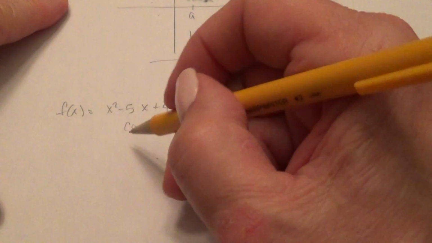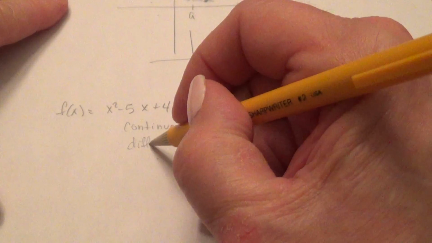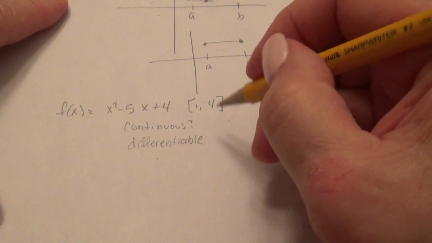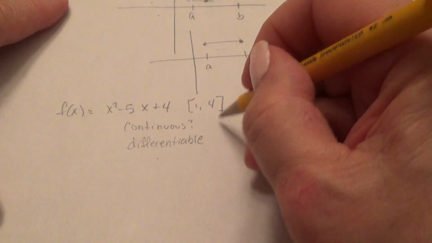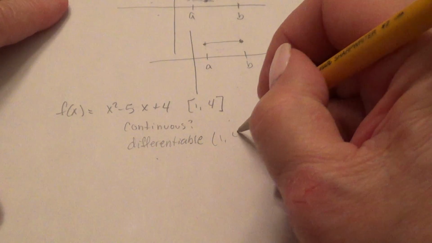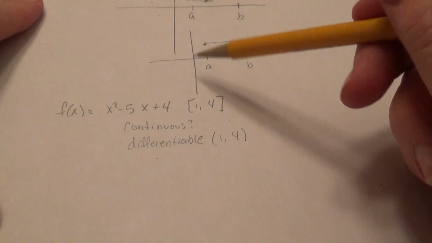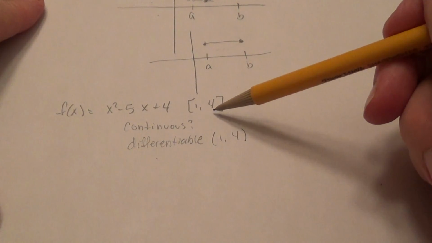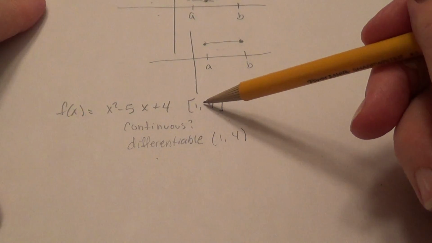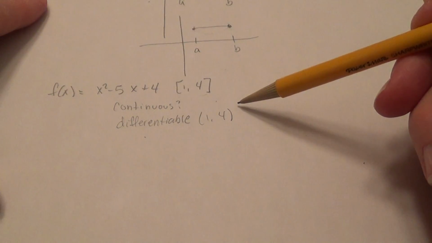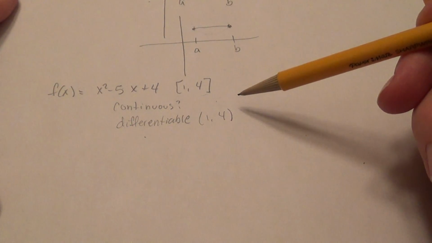Is it differentiable? In the open interval from 1 to 4, not the closed interval, because if we close the interval we'd have endpoints, and we couldn't find derivatives at the endpoints. When we have an open interval, that is no longer a problem.